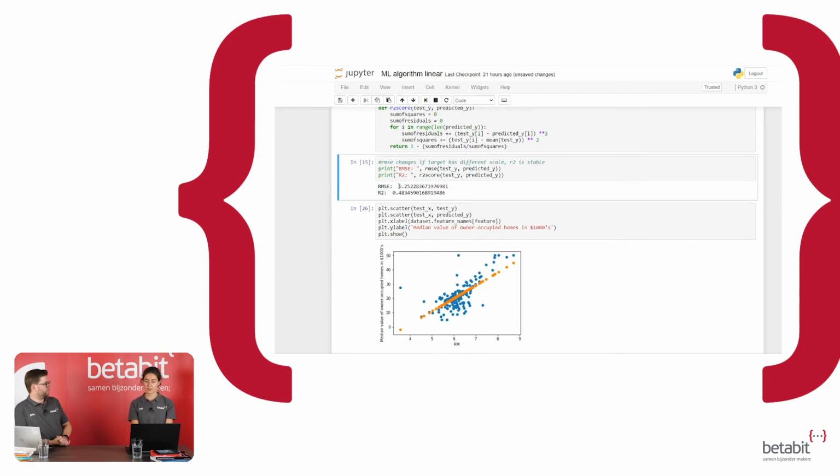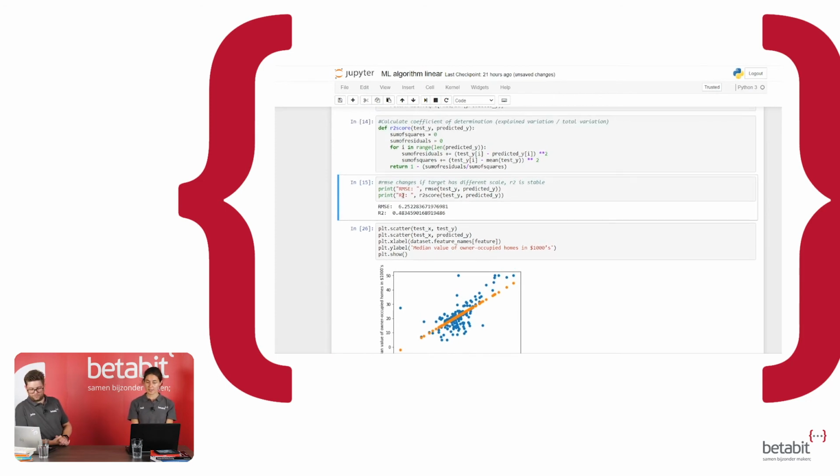The root mean squared error is always positive, and the R squared, which is the coefficient of determination, can be negative. If it doesn't make sense at all, your algorithm doesn't really know what to do, it's going to be negative, and if it works better, it's going to be a higher number.